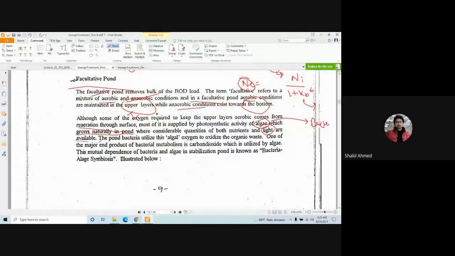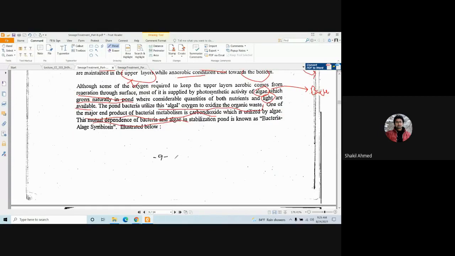So light is available. The pond's bacteria utilize this algal oxygen to oxidize the organic waste. One of the major end products of bacterial metabolism is carbon dioxide, which is utilized by algae. This mutual dependence of bacteria and algae is called bacteria-algae symbiosis.